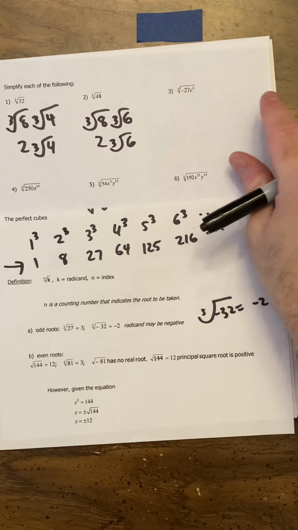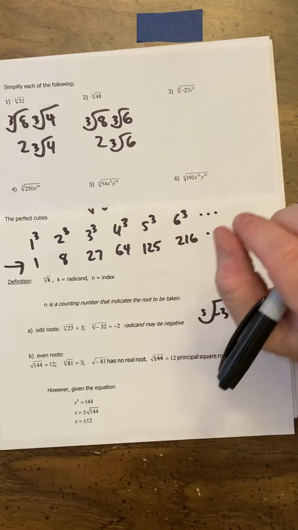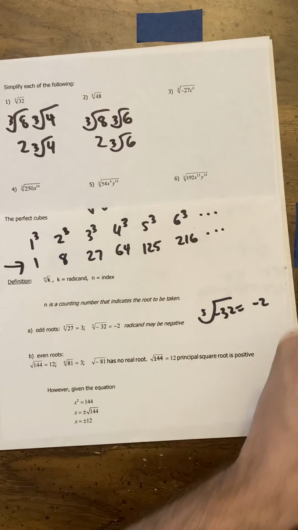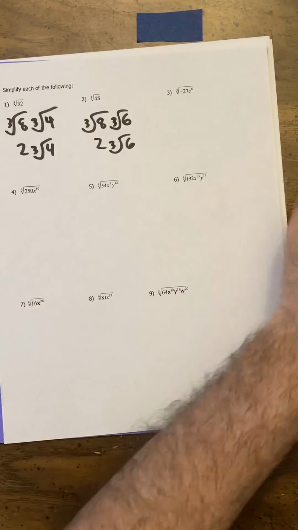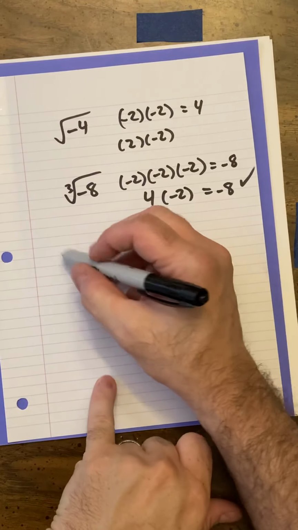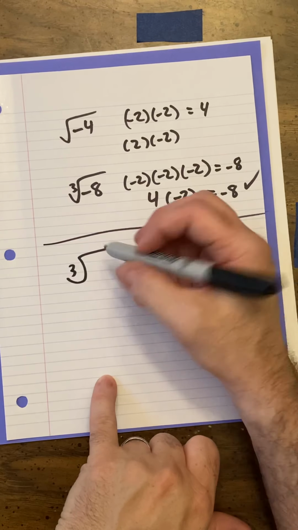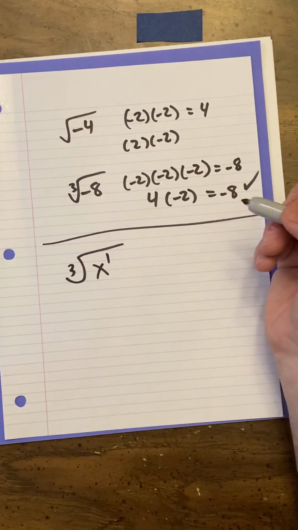All right, here we've got a cube root of -27c to the 6th. We've got something new here. Let me show you what is new. We've got the cube root of a variable. Let's see how that's different. Let's do the cube root of x to the 1st.